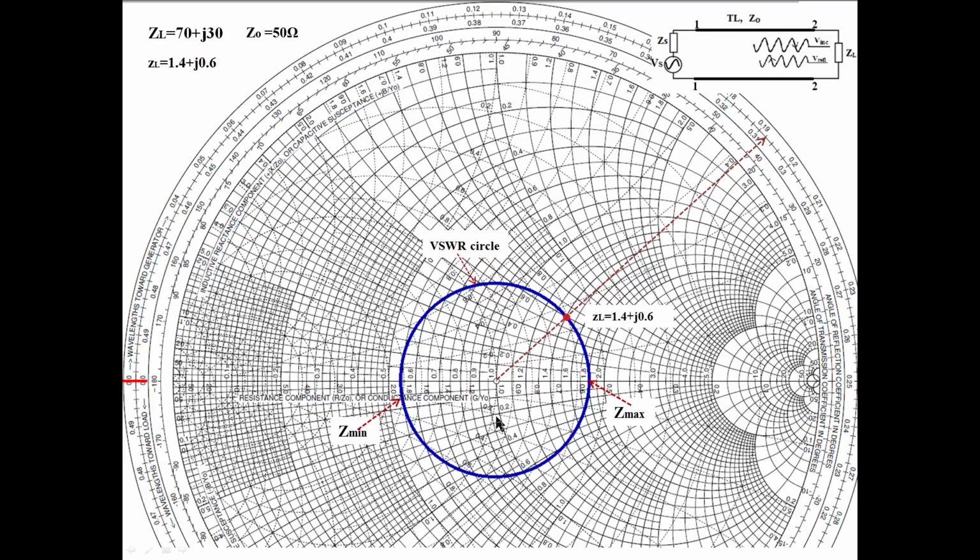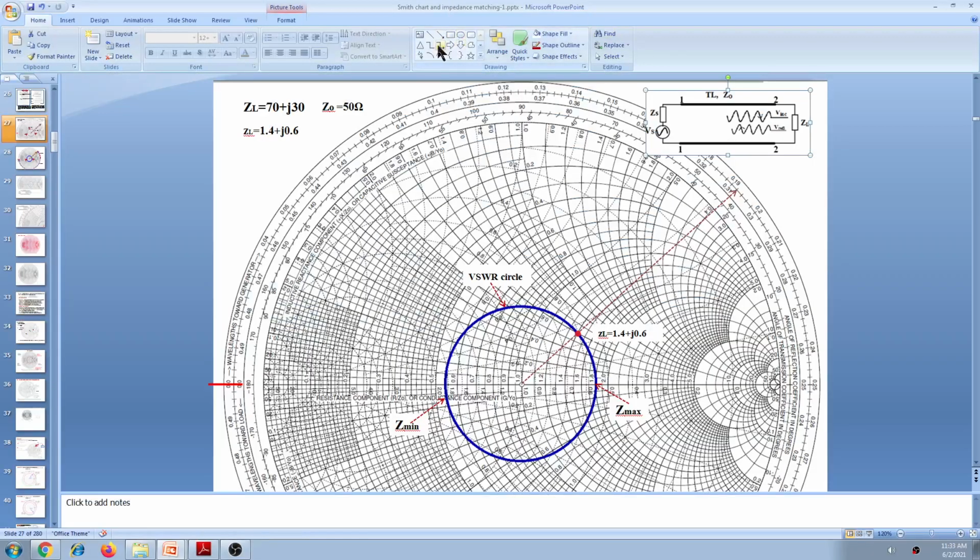Similarly, the G equal to 1 circle is also passing through this point. This point is the center of the Smith chart.